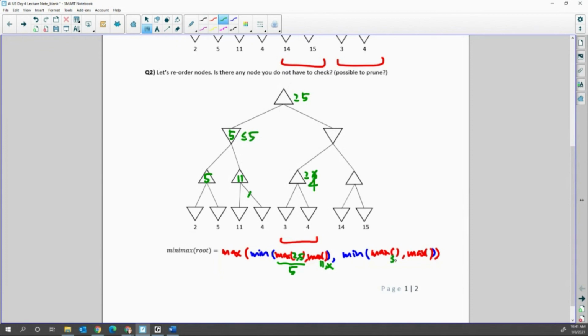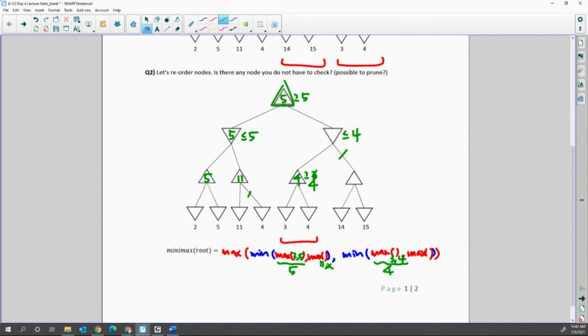So actually compare 3 and 4, then return 4 as the max value. That means this min node is guaranteed less than or equal to 4, but the upper level is a max node. This max node is already guaranteed 5 or higher, and this min node is guaranteed 4 or smaller. That means you don't have to search more, because I already found the max node value for the upper level.